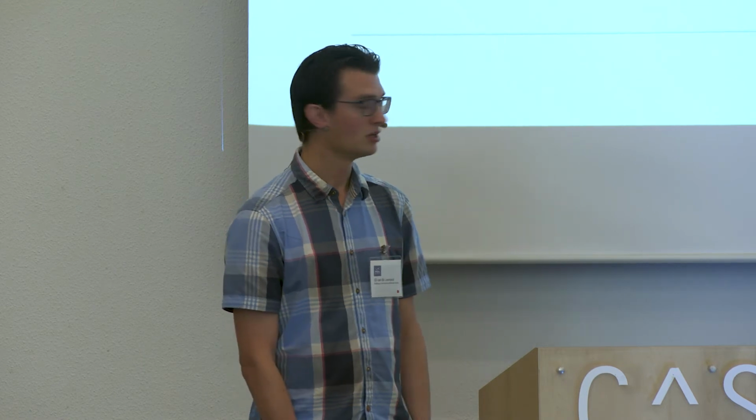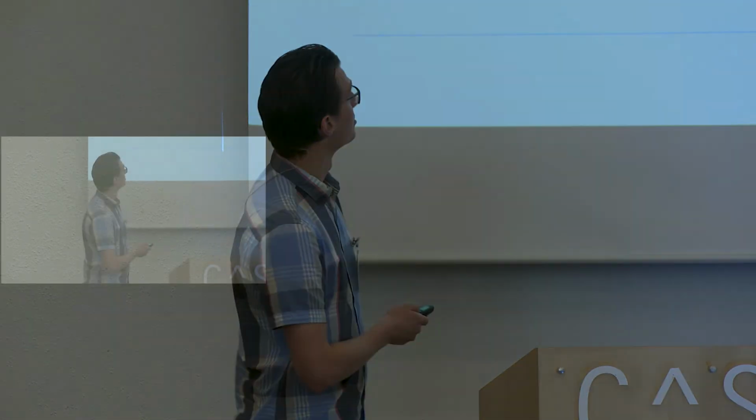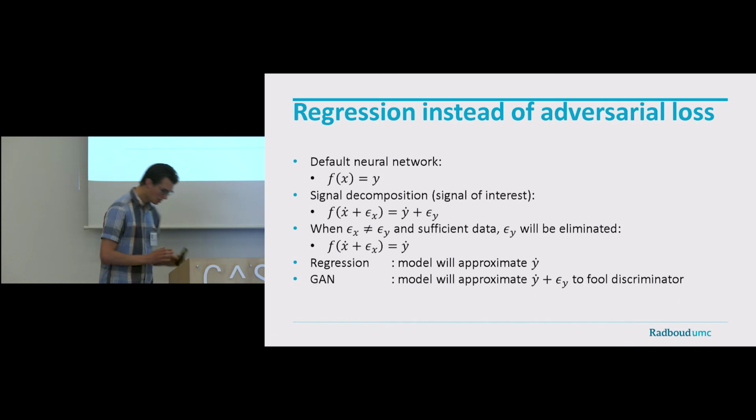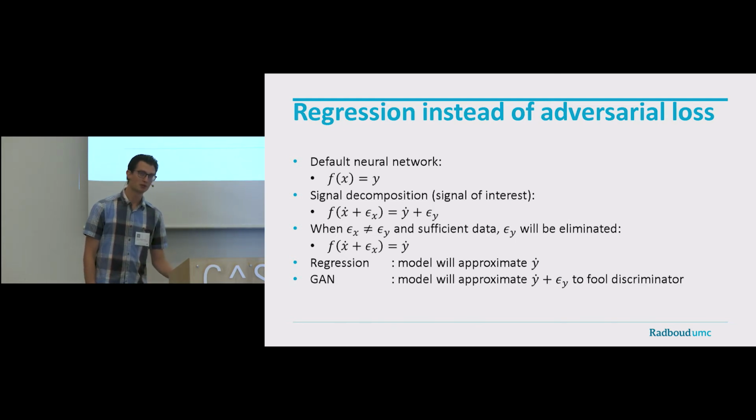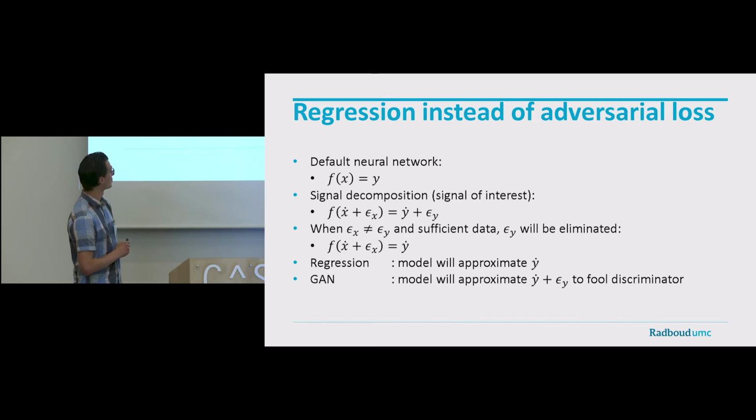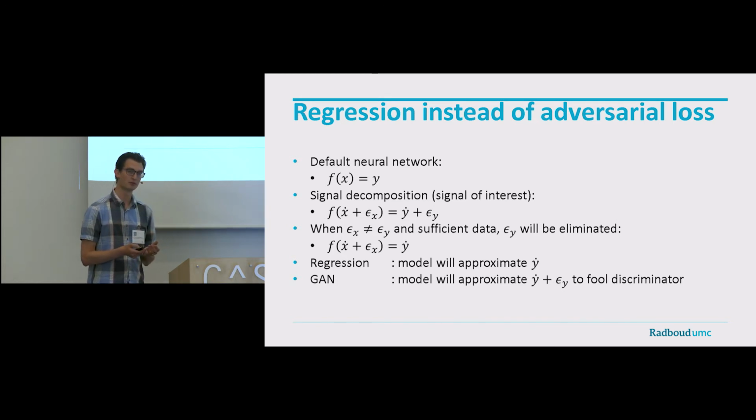Yeah, well, actually, let me go into this. I think this explains it a bit. So we would have your default neural network. You can decompose it into a signal and a noise perturbation. And since we know for sure that this holds, we know that the error distribution of the input and the error distribution of the output are not equal.